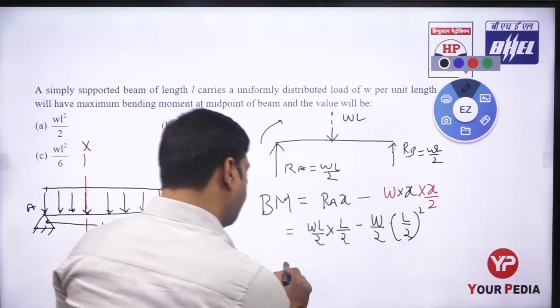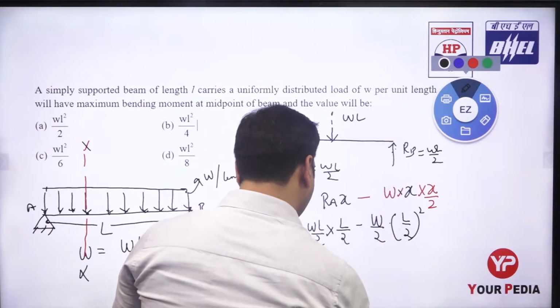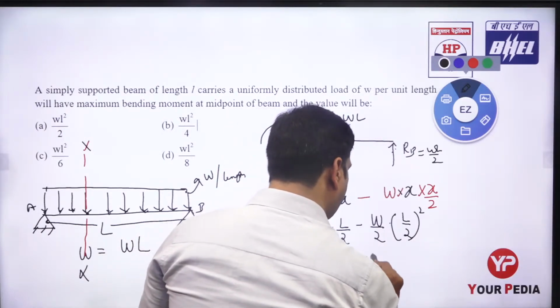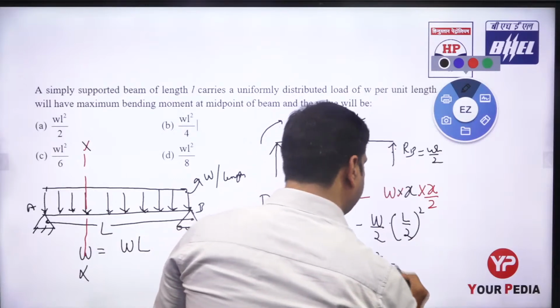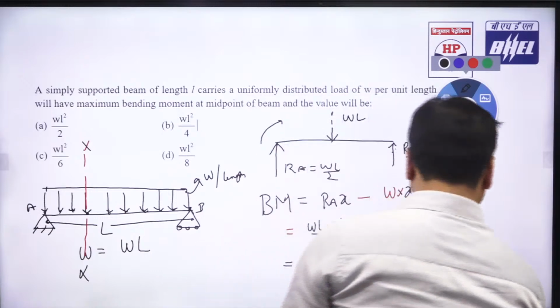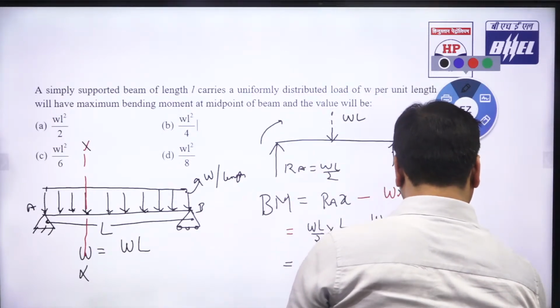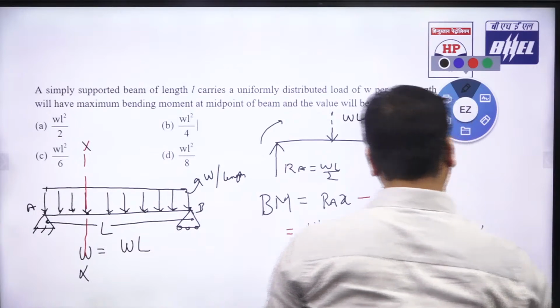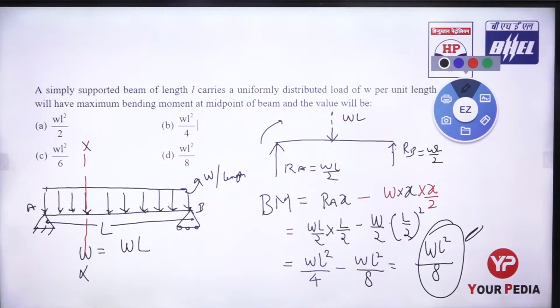So it comes to be W L square by 4 minus W L square by 4 into 2, that is 8. So this equals again W L square by 8. Is this clear? So the maximum bending moment is W L square by 8.